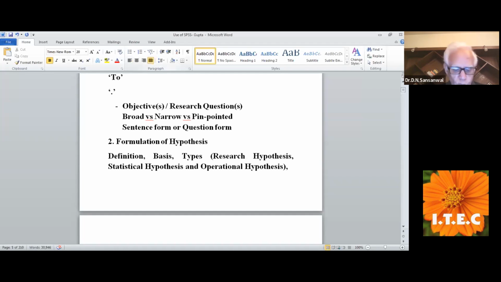And if you talk of the forms of hypothesis, there are two forms of hypothesis. One is called null form, which is denoted by H0.